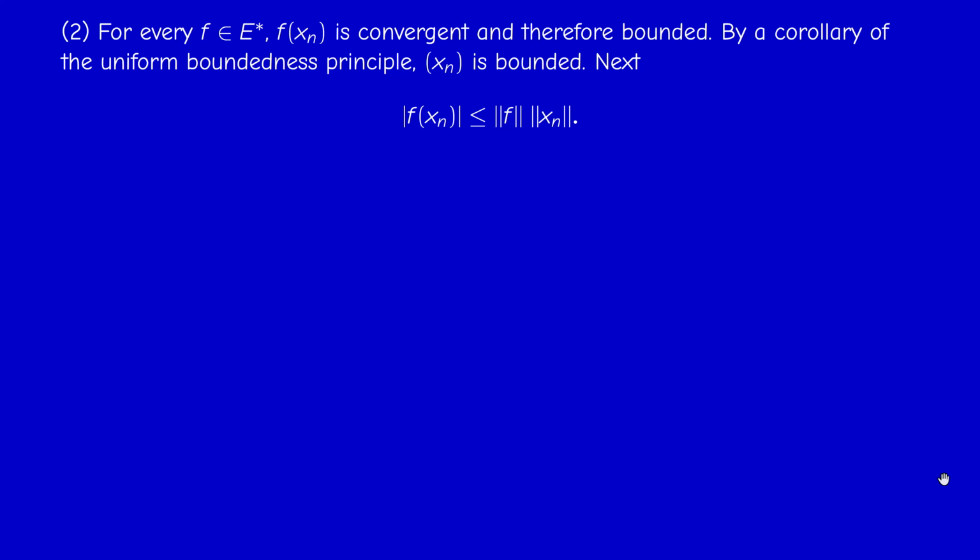Why the lim_inf? Because we write the fundamental operator inequality: the absolute value of f of Xn, because the absolute value is the norm on R, is less than or equal to the operator norm of f, or the norm in E star, times the norm of Xn. And I take lim_inf on both sides. But lim_inf of f of Xn is just the limit because the limit exists, and it's just the absolute value of f of X. The norm of f is a constant, so I can put it outside the lim_inf, and I get norm of f times lim_inf of the norm of Xn.